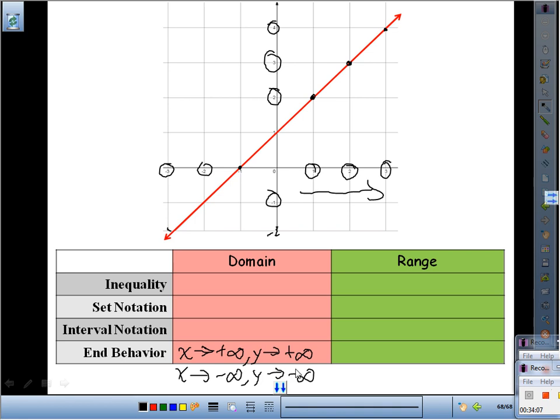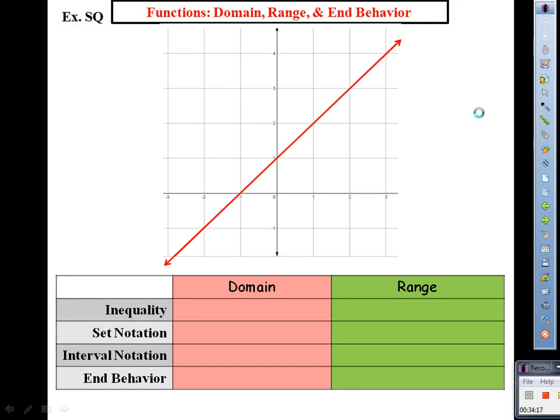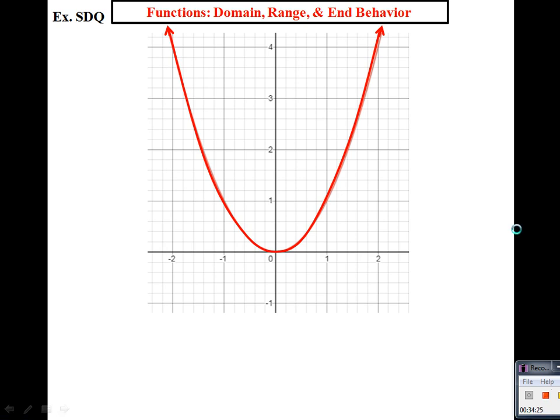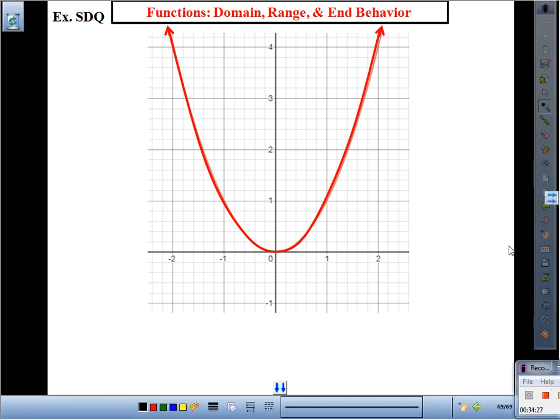Okay? All right. Next. Look at this one. Don't copy this one, just pay attention. We're going to focus on the domain and range. Ready? So, domain. Can you picture the highlighting all the way up? Do you guys see that? All right. So, is 0 included? Is 1 included?